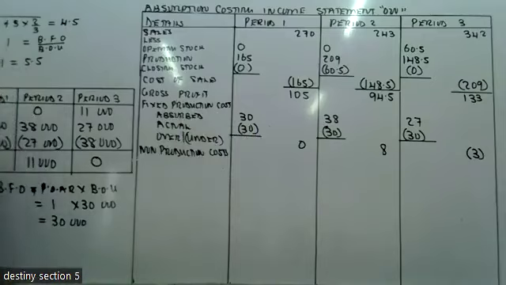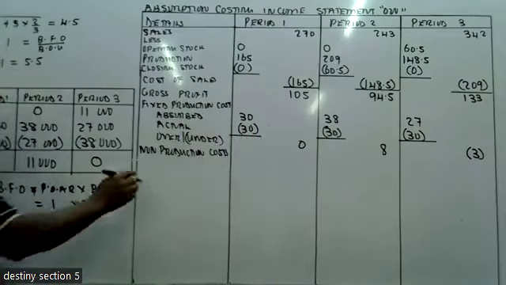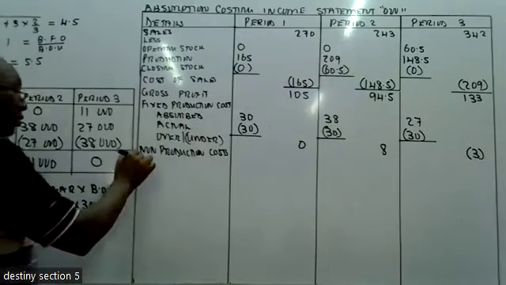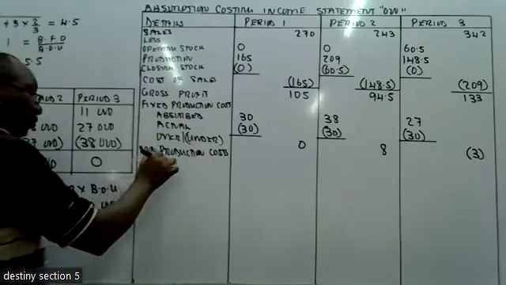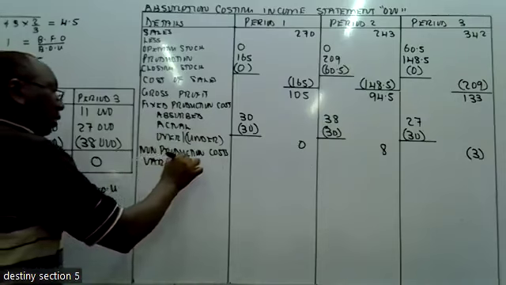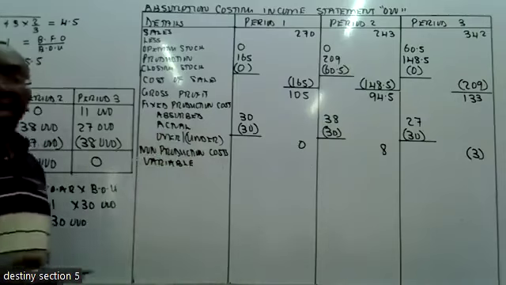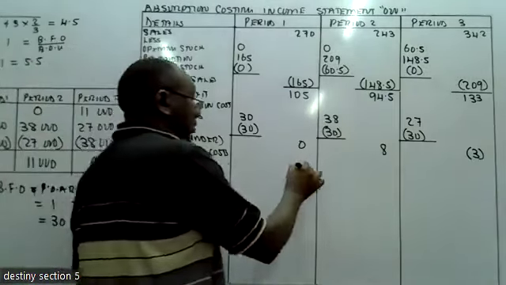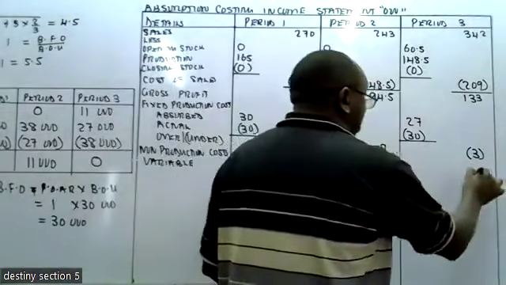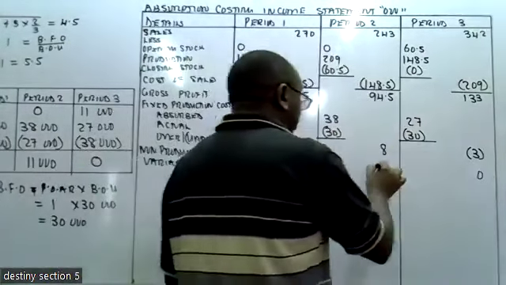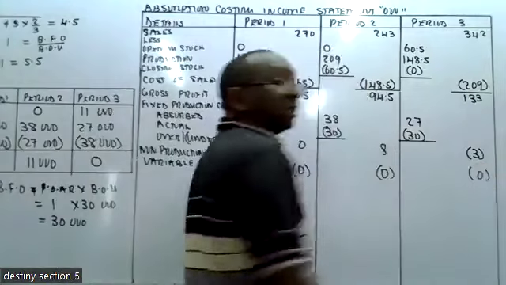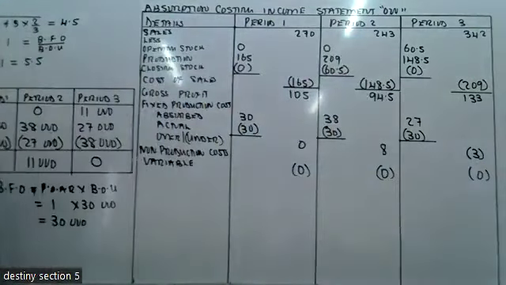Now, for the non-production, there are 2 categories. Again, if you remember what we did in marginal, first of all, we have the variable. In our question here, we do not have the variable, so we just put the zeros. But kama ilikuwa ingeletwa hapa na inakuwa negative, it's supposed to be subtract.